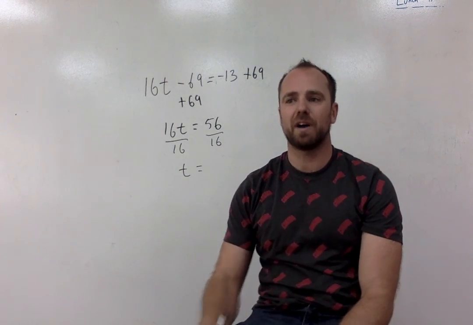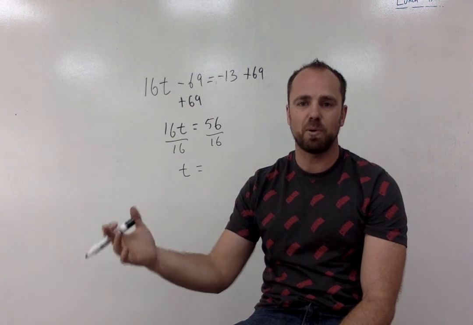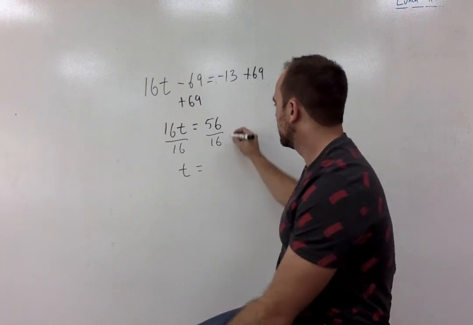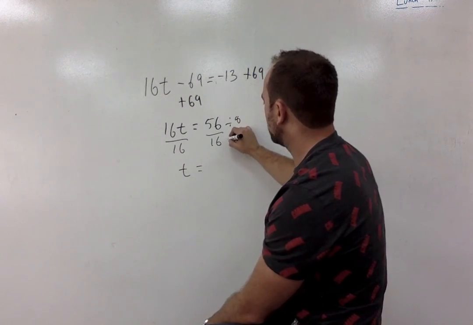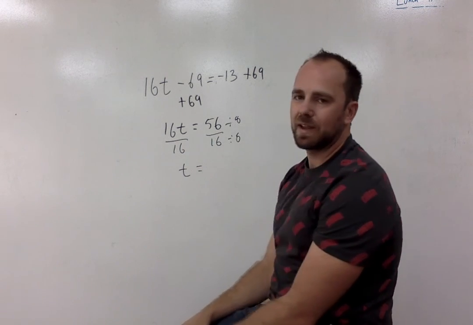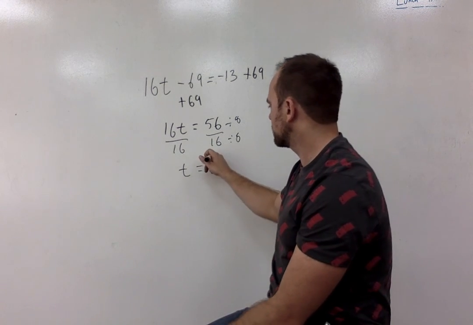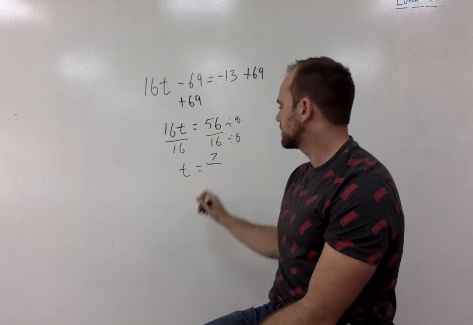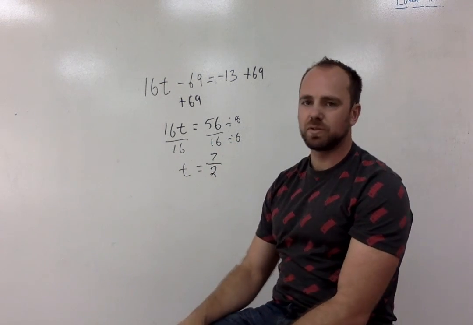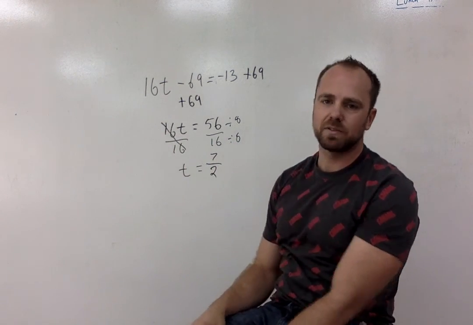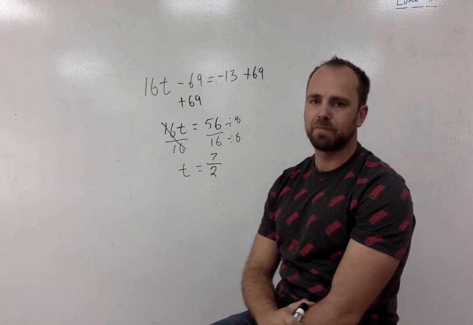A common factor for both of these numbers is 8, so I'm going to divide the top and the bottom by 8. I know that 7 times 8 is 56, so 7, and then this is going to give me a 2. Once again, those eliminate each other from the previous step.